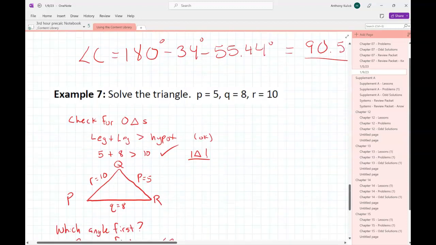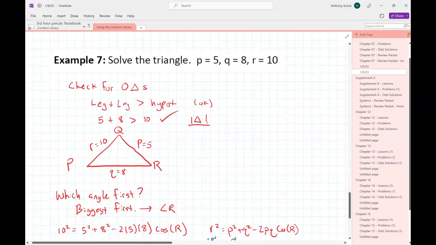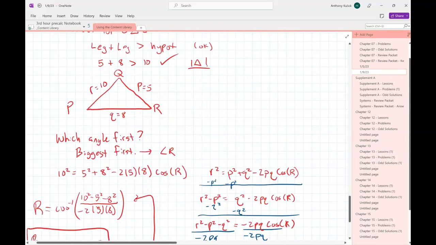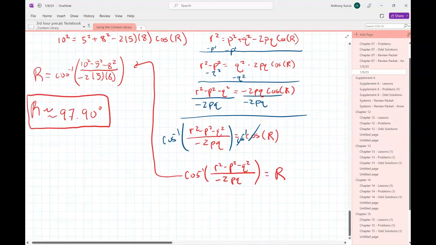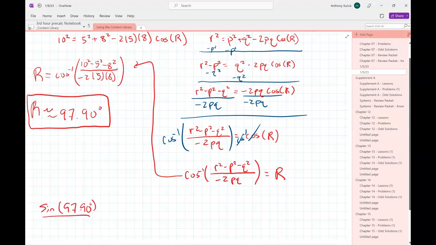Which angle is going to be my smaller of the two remaining angles? P. So I'm going to say that I have sine of R over R equals sine of P over P, which was 5.